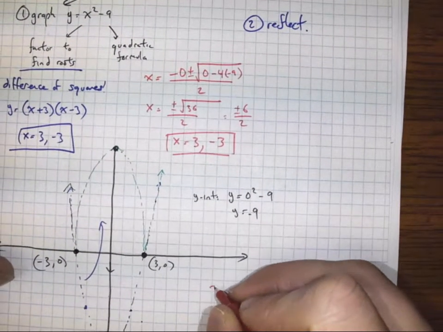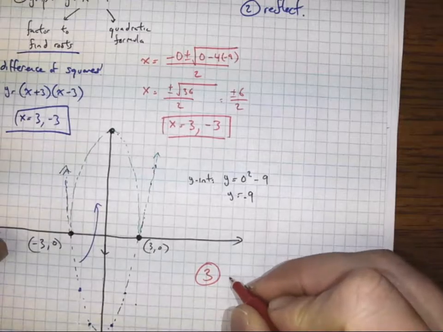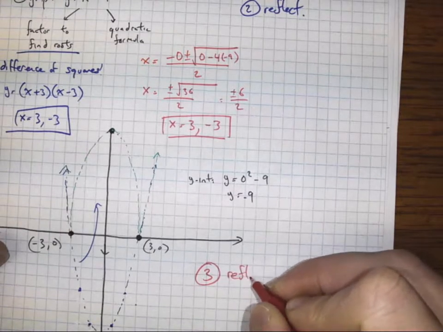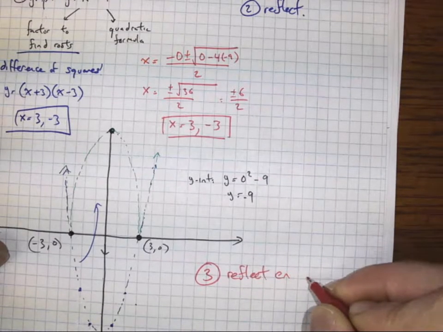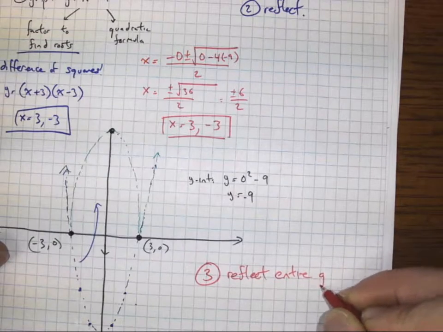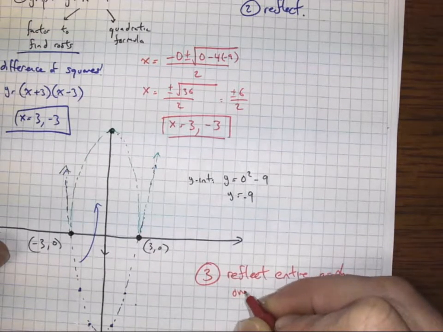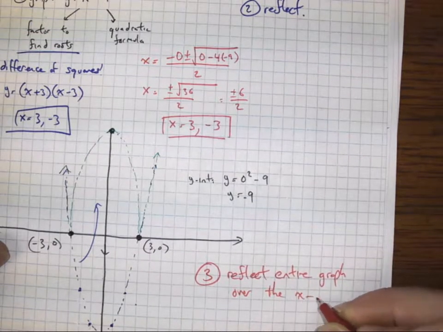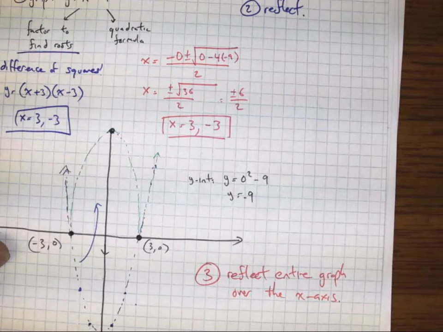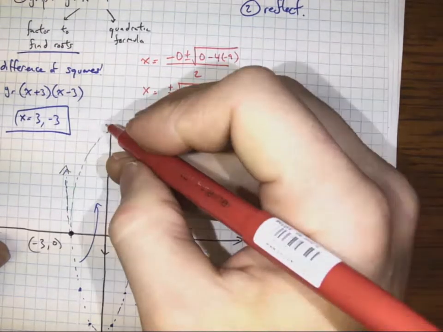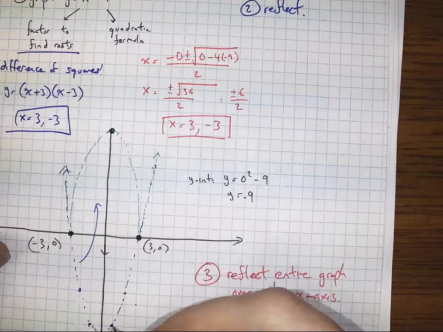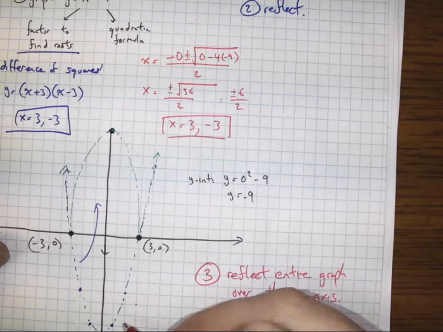All right, so step 3 is we're going to reflect the entire graph over the x-axis. All right, so this guy flips all the way back down to here to (0, 9).